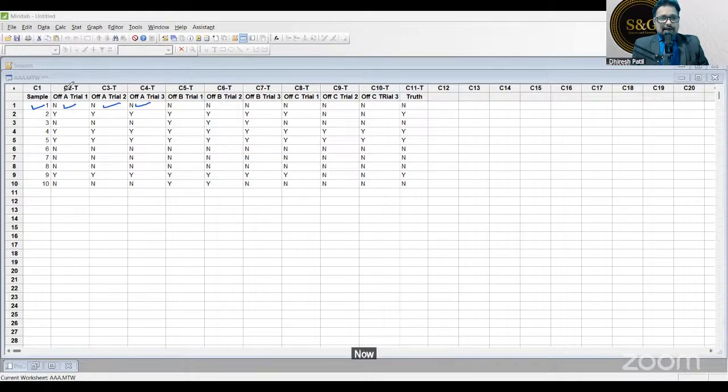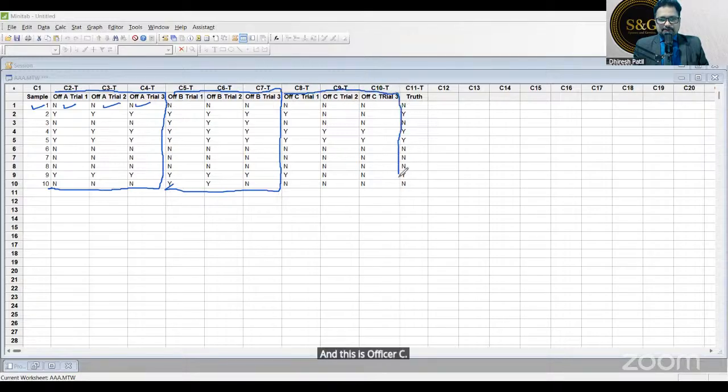Now, this is officer A's area, this is officer B, and this is officer C. Now we will measure how many times each officer is repeatable.